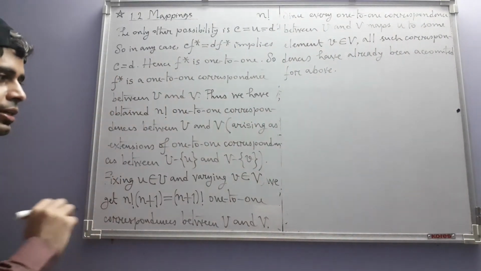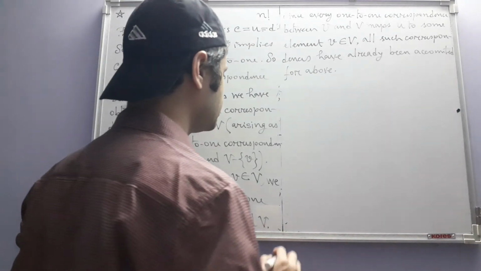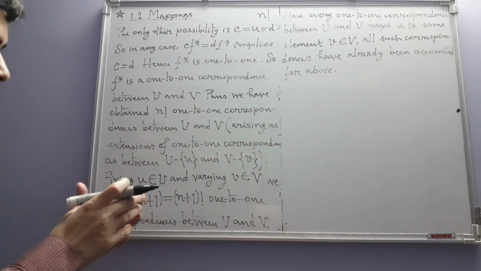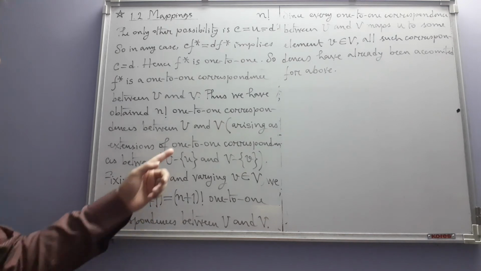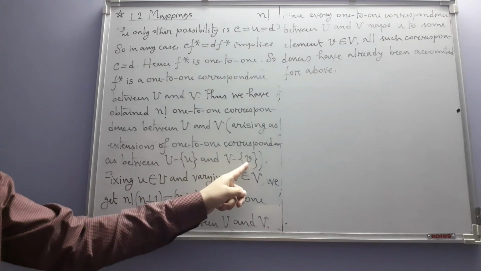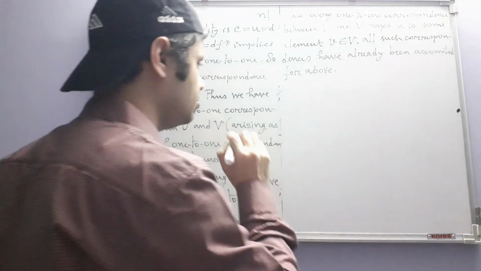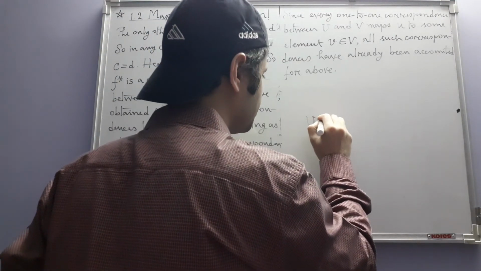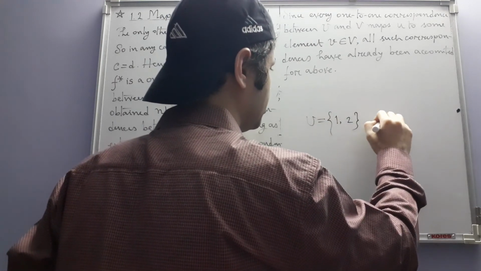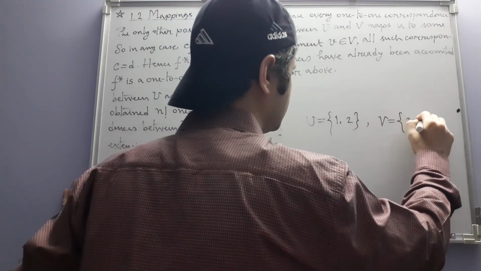If you are not getting this part of the argument, then you take some particular U, some particular V having only a small number of elements, and run the arguments by fixing arbitrarily some u and some different choices of v. In particular, suppose U is equal to 1, 2 and V is also 2 elements, say 3, 4.